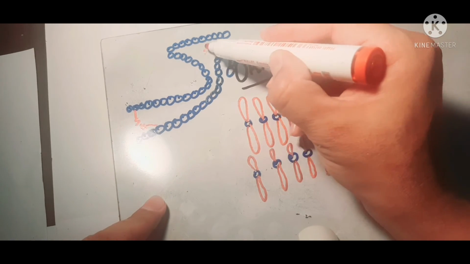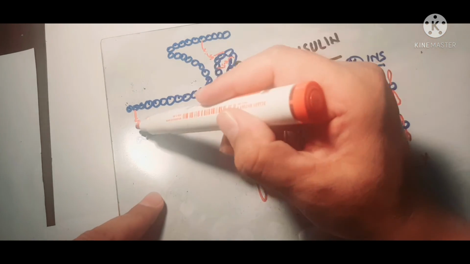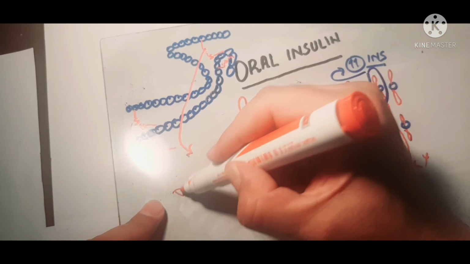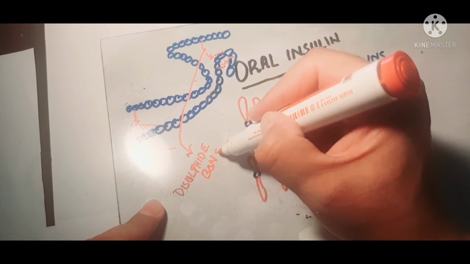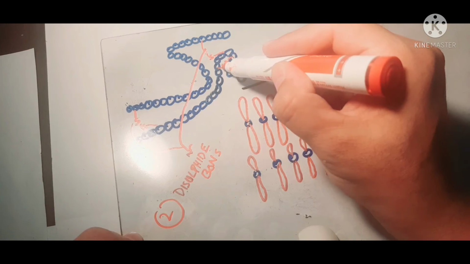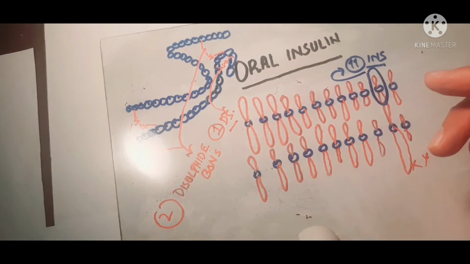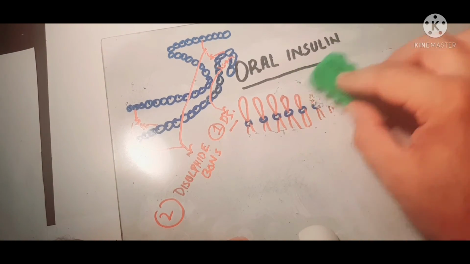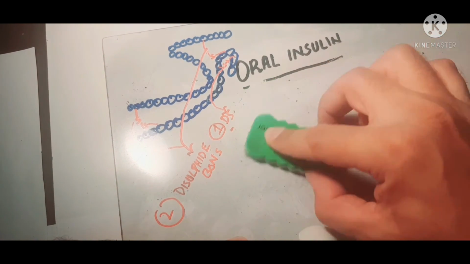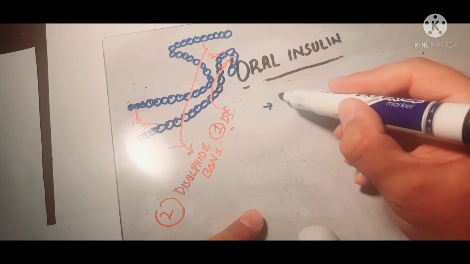There are two disulfide bonds between the alpha and beta chains, and one disulfide bond within the alpha chain. These disulfide bonds hold the two molecules together.